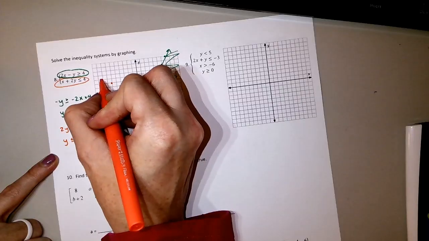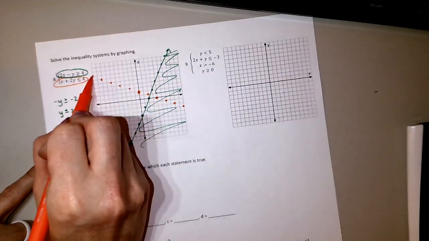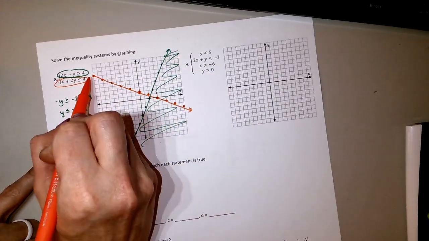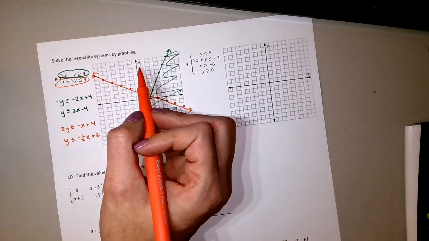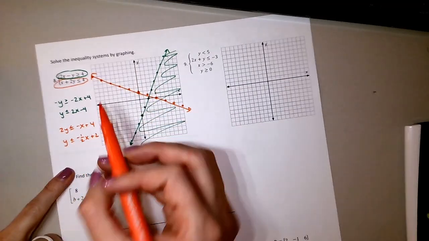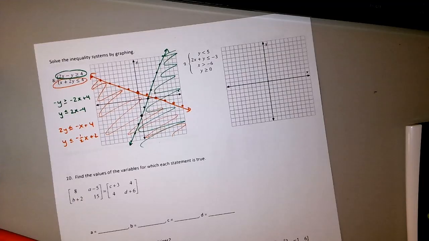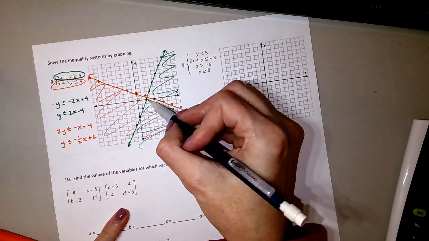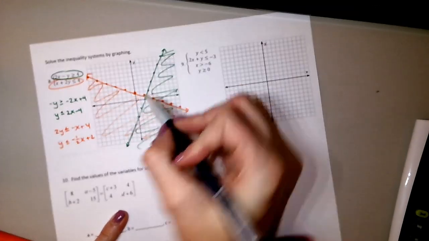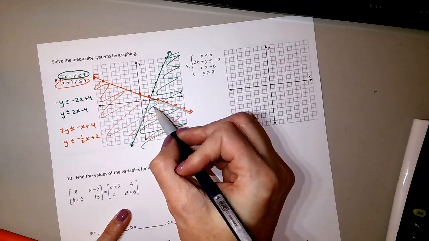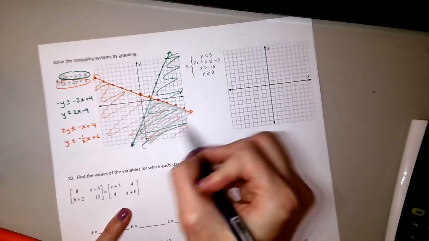Because of the equals to, it's a solid line. And I will shade, it is less than or equal to, so I'll shade below. So our final answer would be this double shaded region. From here to here, both of those are solid lines in this section right here.